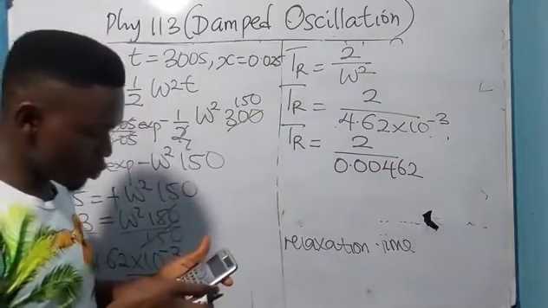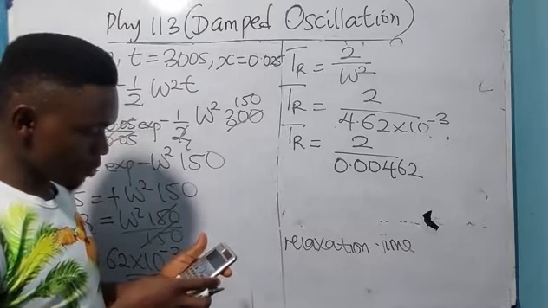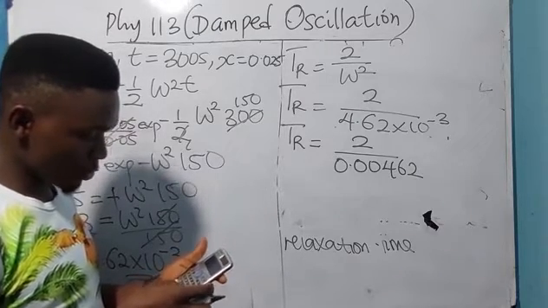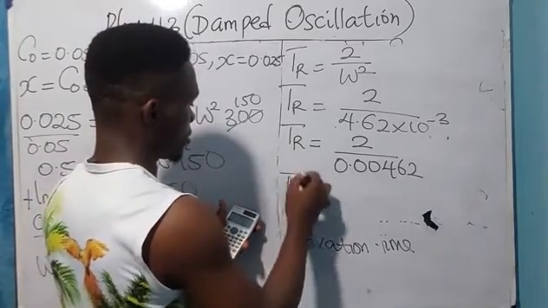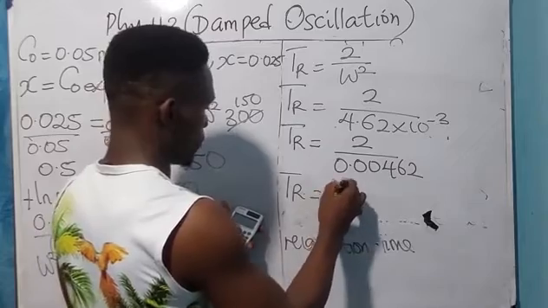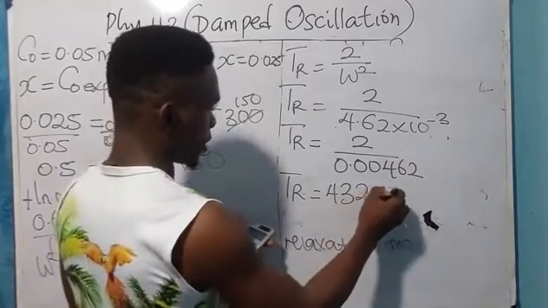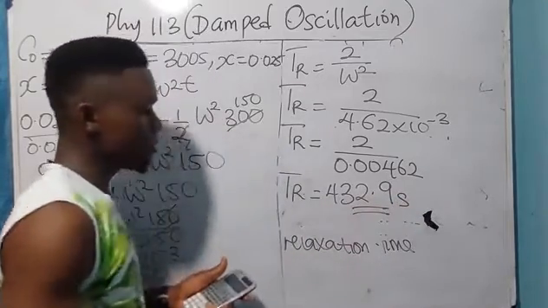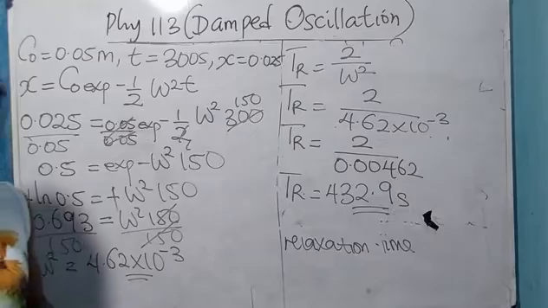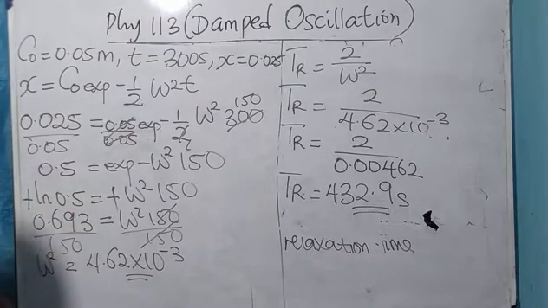We therefore say that 2 divided by 0.00462 equals 432.9 seconds. Alright, so that is what you have it to be.